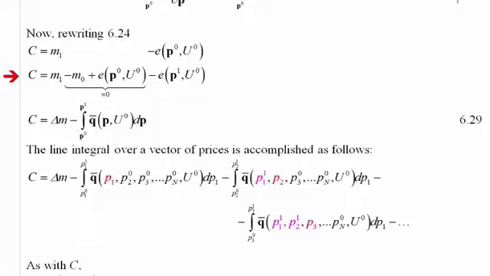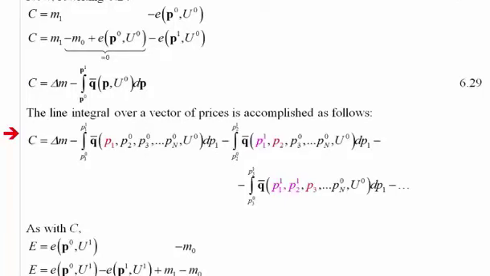But now we've got it written in a way that is easier to handle, and that is that C, compensating variation, is equal to the change in income, that is M1 minus M0, plus the change in the expenditure function, which, as we've shown above, can be found by integrating underneath the Hicksian demand functions.